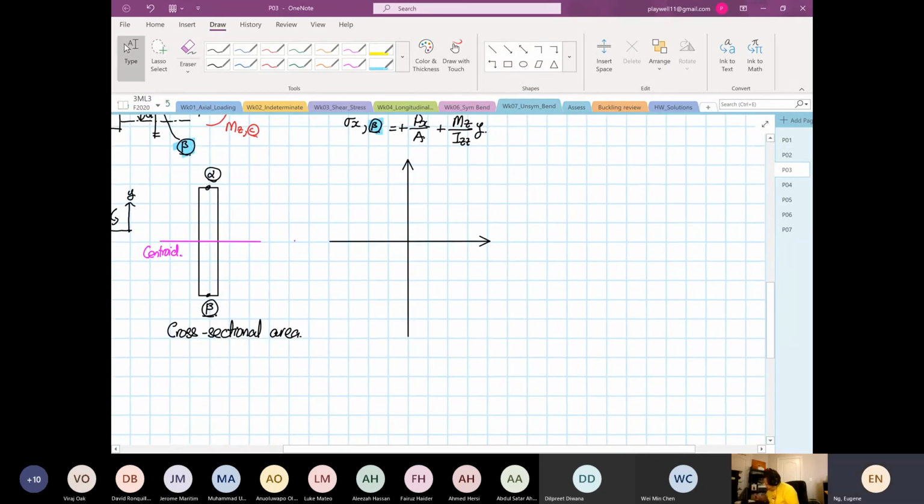So now, this is our stress in the X direction. This is our Y, right? So the first one we're going to sketch is stress X is equal to Px divided by A. So it's going to be a constant. Okay, so we're going to sketch this. This is going to be a constant. Right?